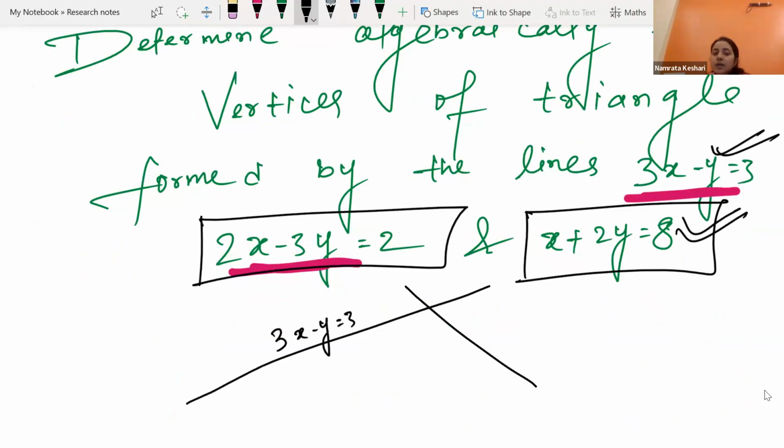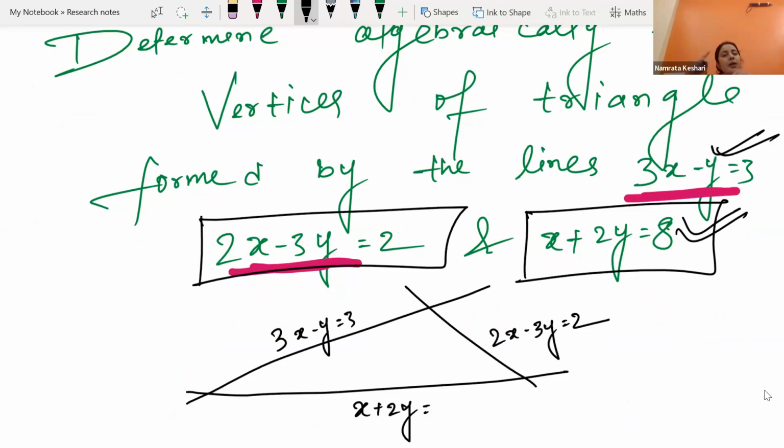Okay, 2x minus 3y is equals to 2, this is the second line, and this is the third line maybe. So basically हमें दो इक्वेशन को एक बार में लेके सॉल्व करना है और वहां से हमें x and y का वैल्यू मिलेगा, that will be one of the vertex of the triangle. Getting it? Okay, फिर सेकेंड दोनों like this rectangular box one will be solving.